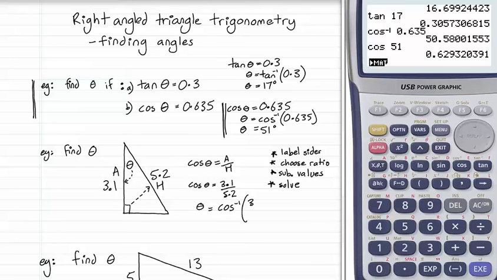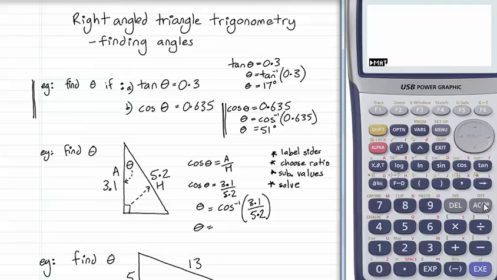I could have divided it out, but I don't need to. 3.1 over 5.2. And I'm going to enter that all into my calculator. So inverse cos, use the brackets if it's a fraction. 3.1 divided by 5.2, close your brackets, an angle of 53 degrees. And that's it. You've found the unknown angle.